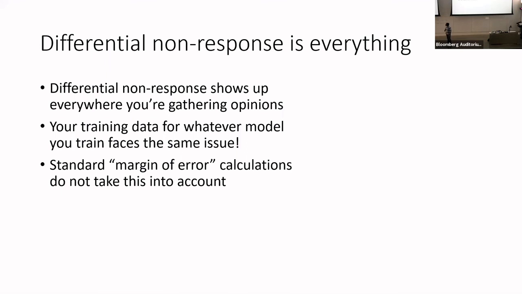Consider the standard margin of error calculation. I didn't talk about this deeply, but if you just look at the confidence interval from the central limit theorem and do the margin of error in the poll, that doesn't actually take these selection biases into account. One of the suggested readings I posted is a cool paper with a very simple idea.